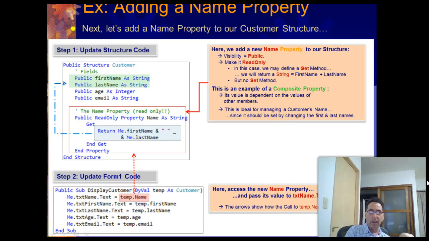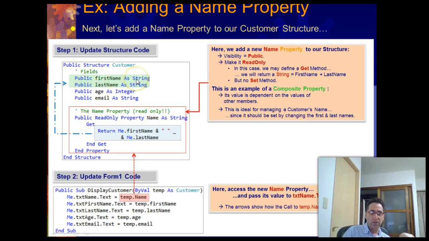Okay, next let's add a name property to our customer structure. So we already had this, we already had that, we already had this, but we're going to set this name property. So we're going to use this public read-only property name as string.